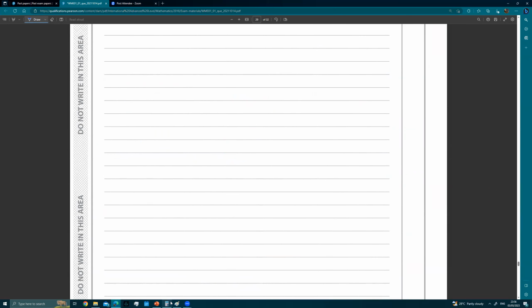So I'm going to draw a neater diagram. We said 1.8 hours later, the ship was at 16i. So let's label this 16i. So this was 1.8 hours later.